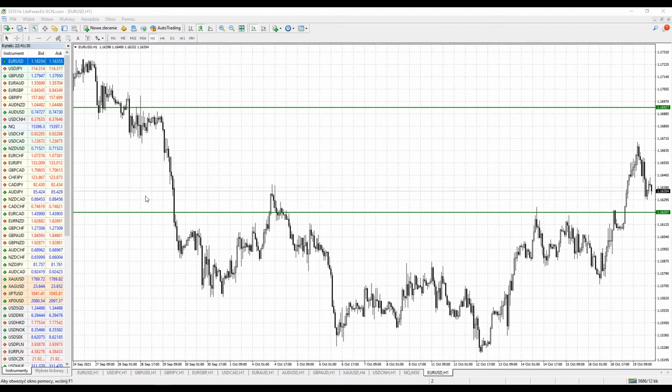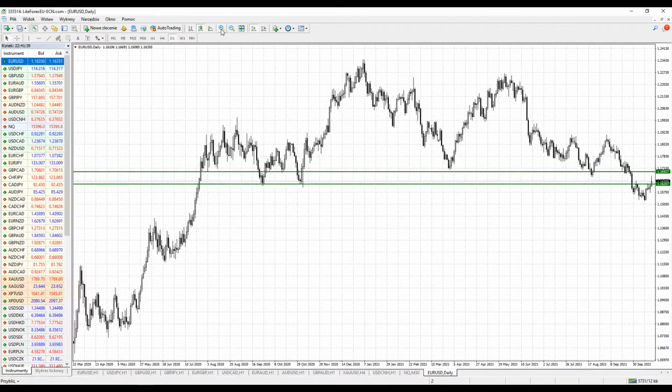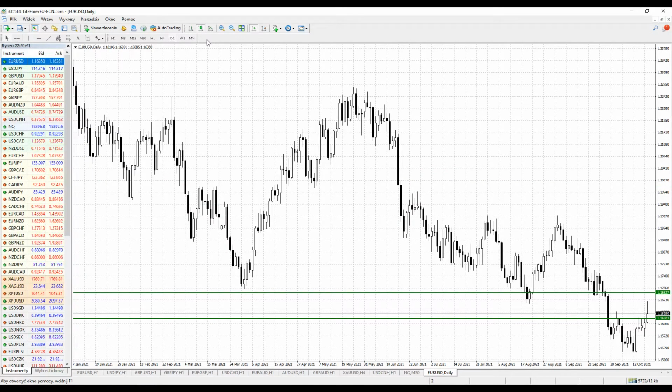Also, we were discussing the weakness and the strength. Because it's going to happen quite often that the move in one direction is ending and we are changing direction.